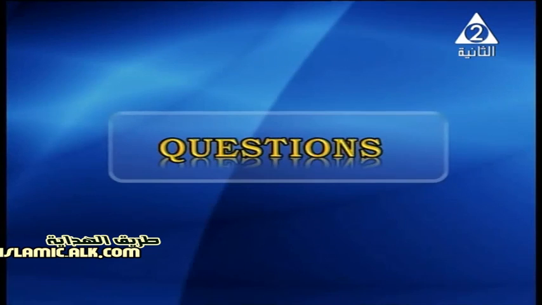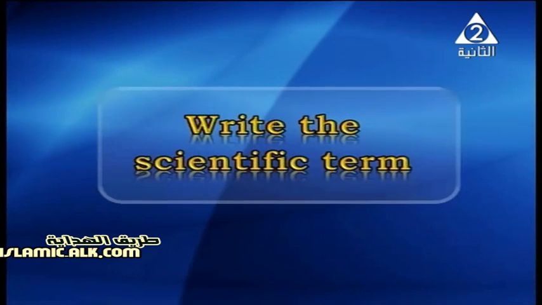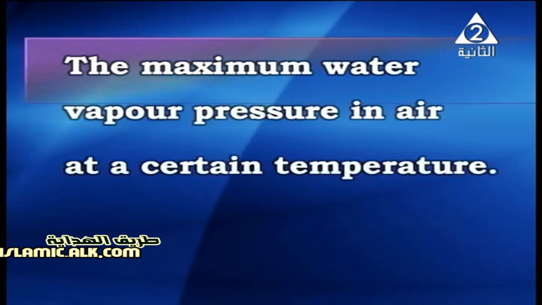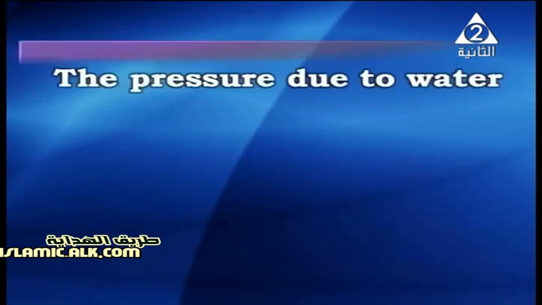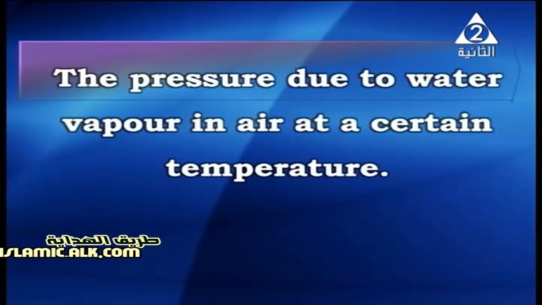Now, my dear students, we are going to discuss some questions. The first type of question is: write the scientific term. The maximum water vapor pressure in air at certain temperature. If you think about it, yes, it will be saturated water vapor pressure. The pressure due to water vapor in air at certain temperature.